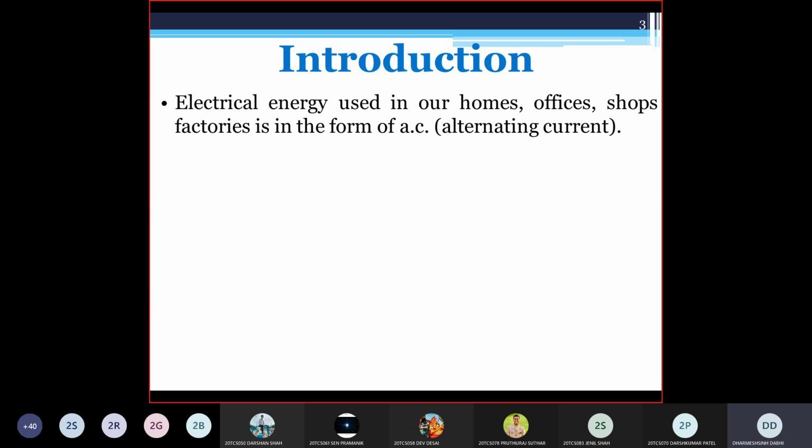If I talk about the exact technical distance, that is 500 to 600 kilometers. Up to that distance, transmission of AC power at high voltage is economical. But beyond 600 kilometers, if you want to transfer AC power, it becomes uneconomical. The reason is the cost of the AC equipment.